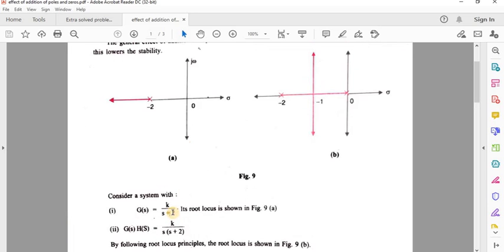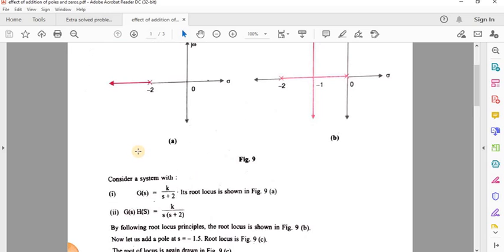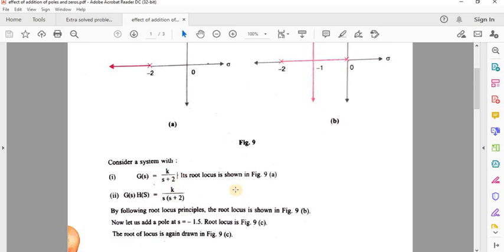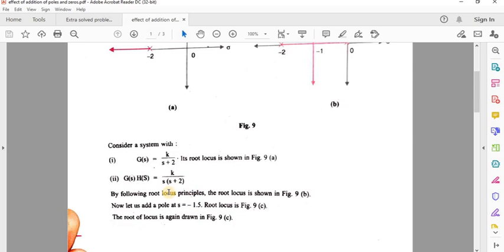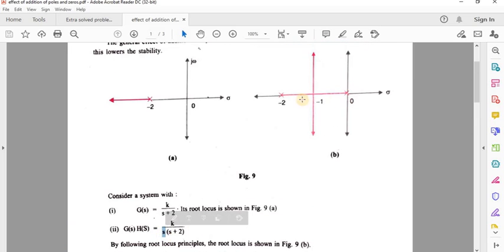Okay, so as you can see here, there is only one pole at s equal to minus 2, no zero. So the loci will be from minus 2 to minus infinity. Okay, so you can see here, if we add a pole at s, there will be a zero at s equal to 0 here.